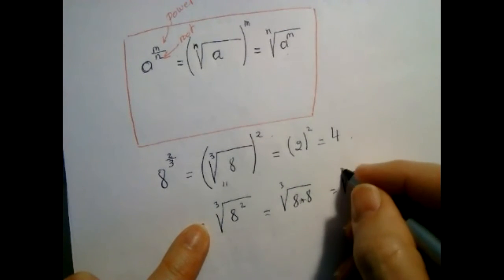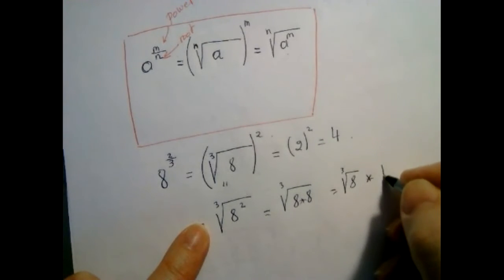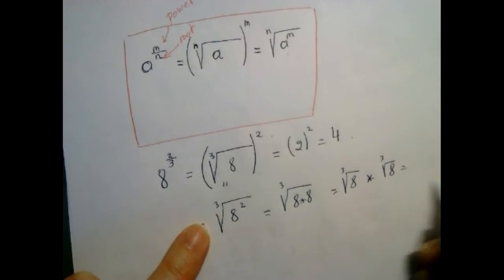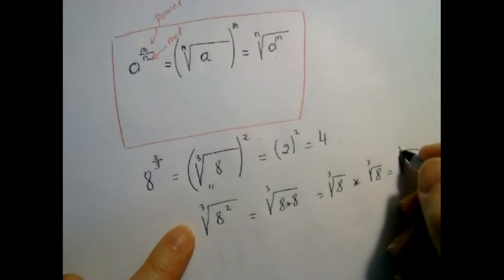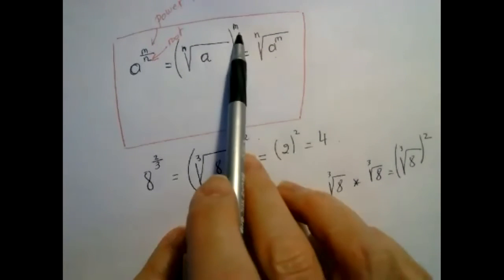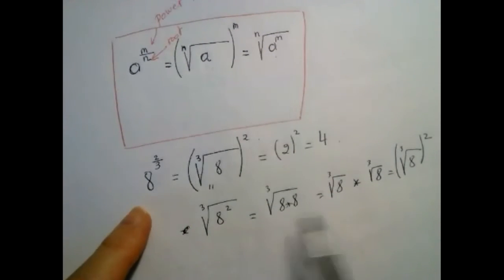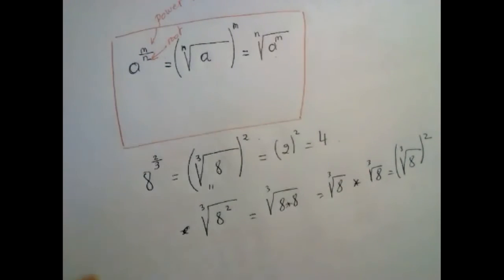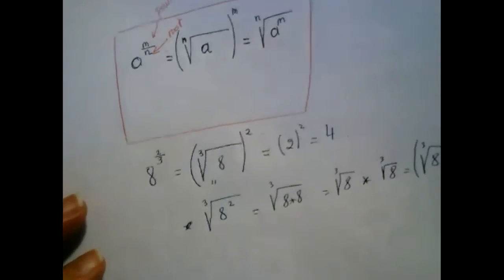So that's the cubic root of 8 times the cubic root of 8, which is the cubic root of 8 to the power 2. So whether you put the power outside or inside is exactly the same answer. And then when you evaluate, you pick the one which is easier for you to manipulate.